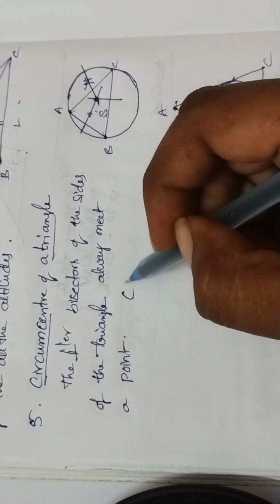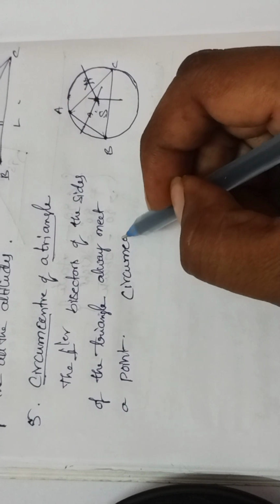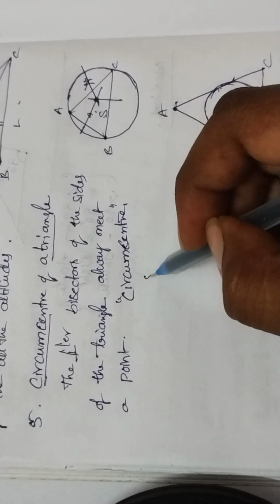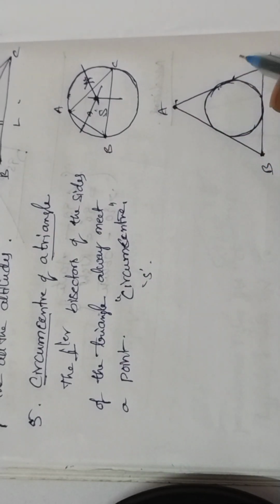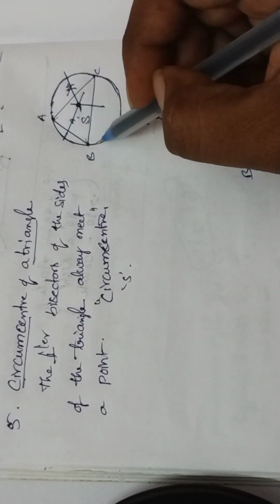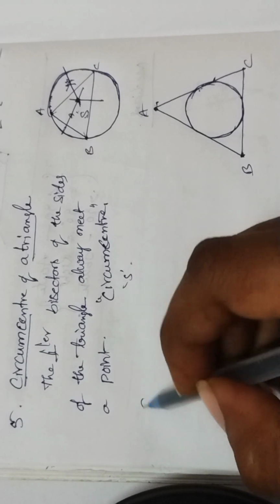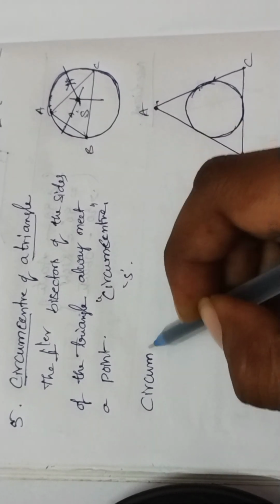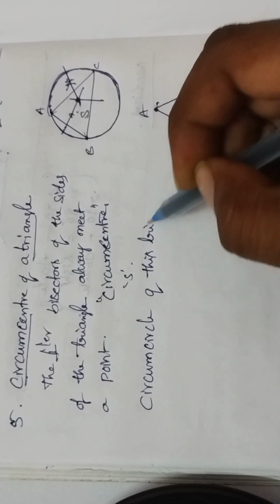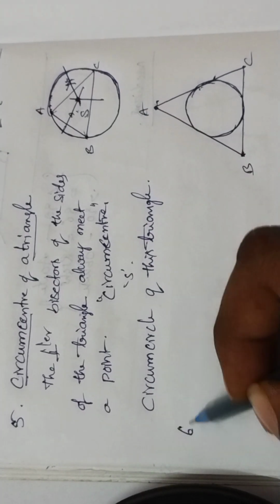That point we call the circumcenter, which is indicated by the letter S. Next, the circle which is outside of the triangle is called the circumcircle of this triangle. Next, coming to the sixth one.